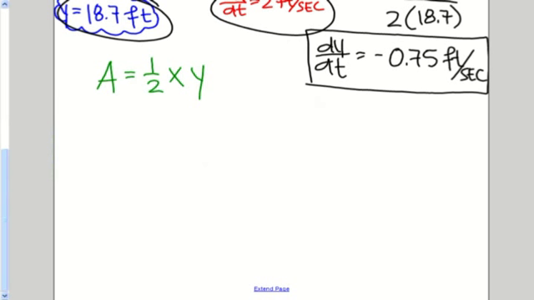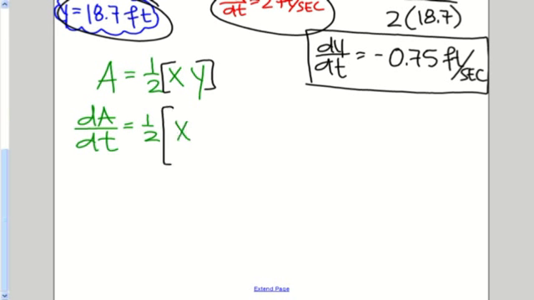If I want to know how fast the area is changing, that's dA/dt, which pops up if I take the derivative with respect to t. That's going to be 1/2 times, once again, a product, x times y. So this is going to be x times the derivative of y plus y times the derivative of x.